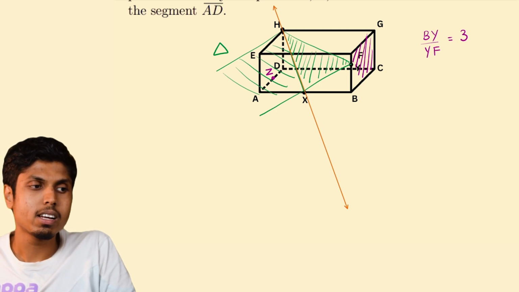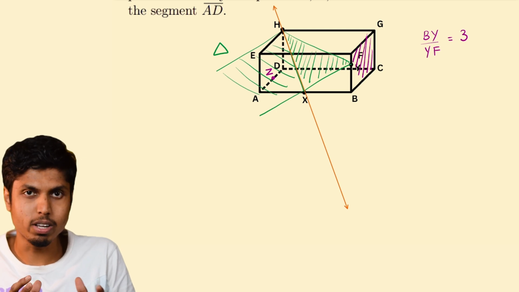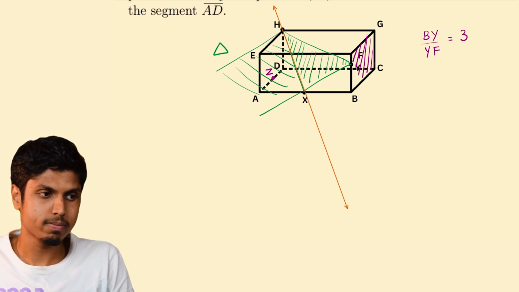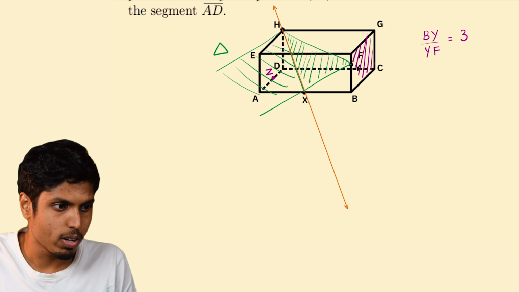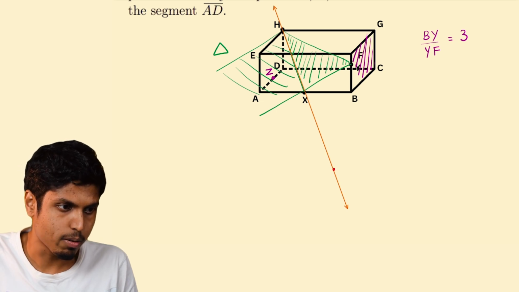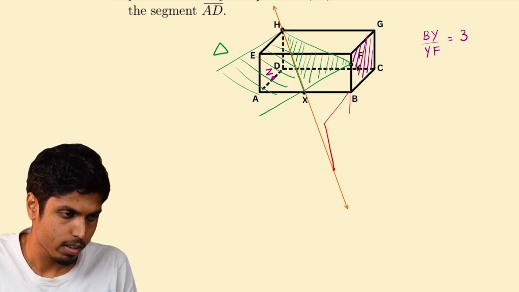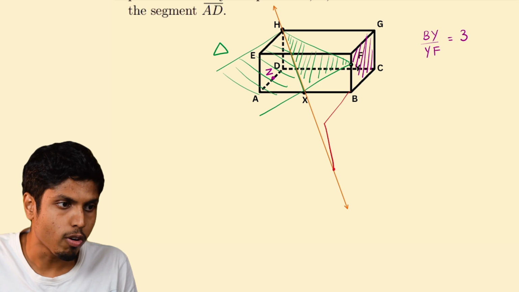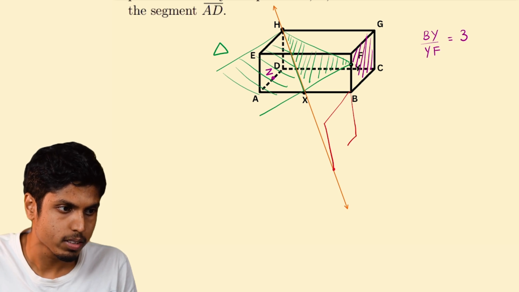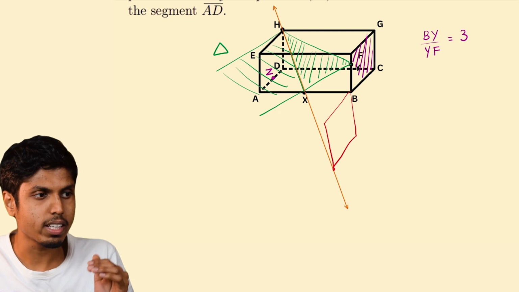And it explains the behavior of the reflection. So let's call that point to be here, and that clearly would form a face that is symmetrical with the face ADHE.